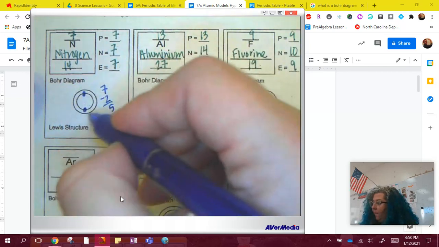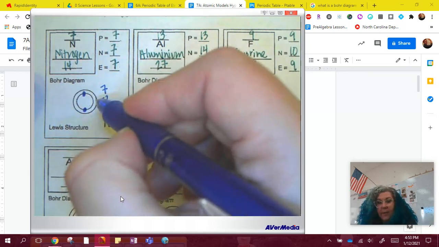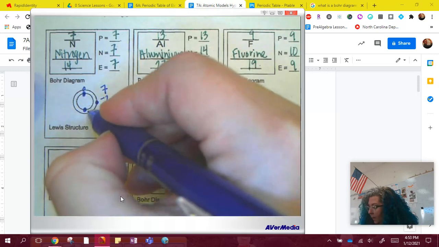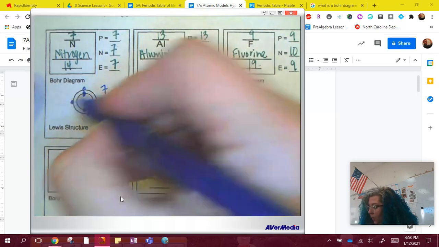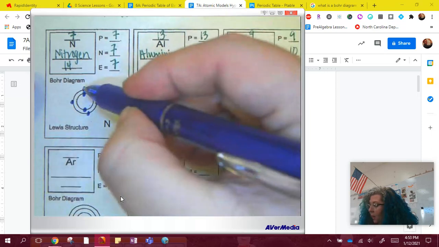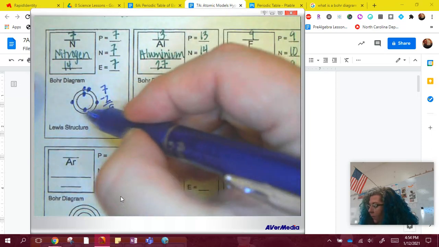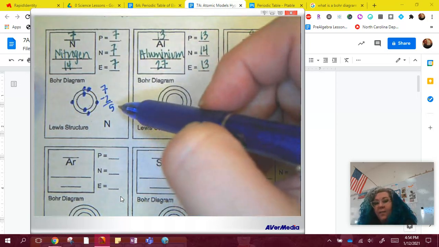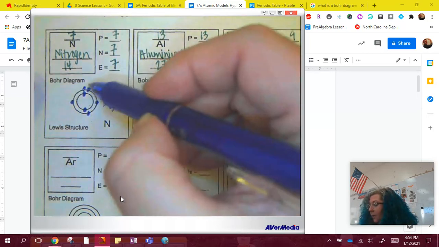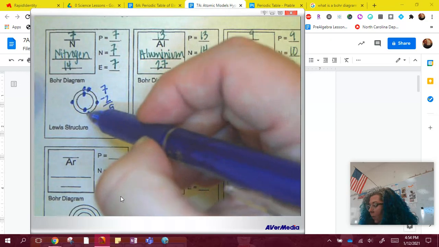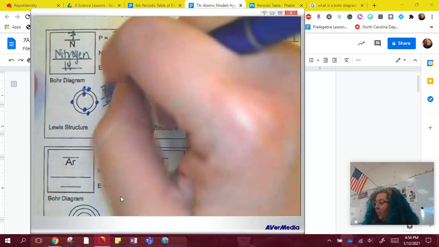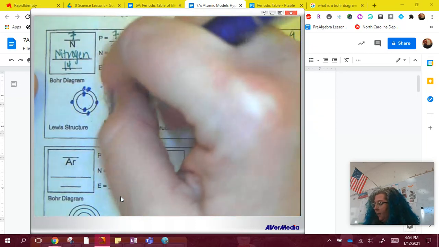So we need to put 5 electrons on the second shell. Just make sure you can see all 5. I've got 1, 2, 3, 4, 5. If I count all of this together, I should have 7 total electrons: 1, 2, 3, 4, 5, 6, 7. I have 7 total electrons, so I'm good.